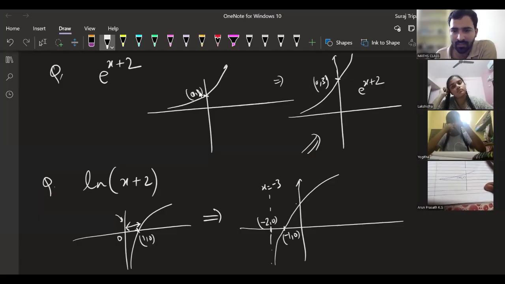So 1 is already there, and if we shift the graph, this will become 3. So it will pass through 0, comma 3. This point is e power 2. No, sir, 0 comma e power 2.